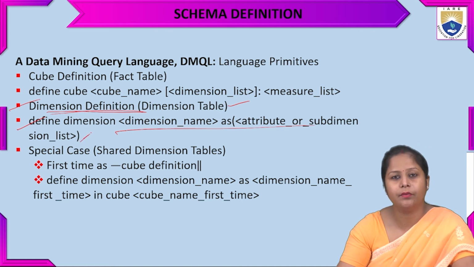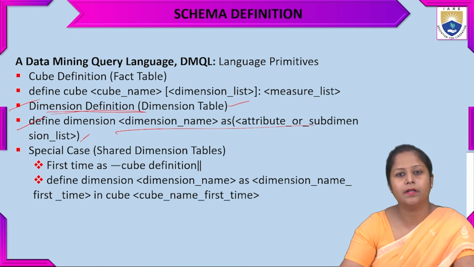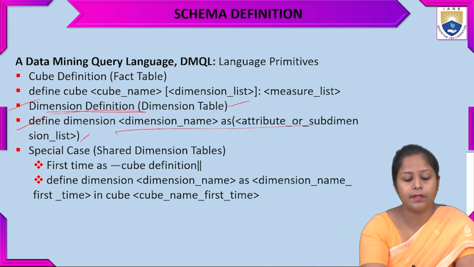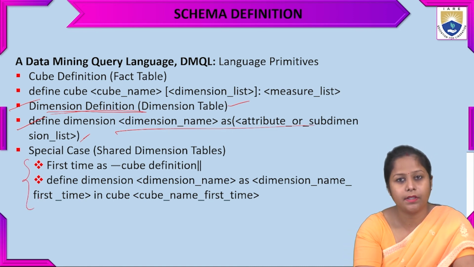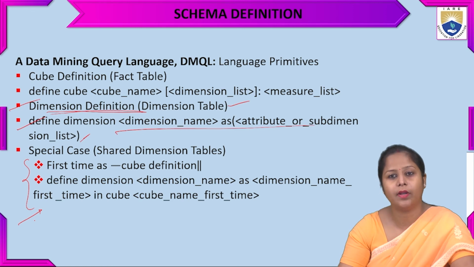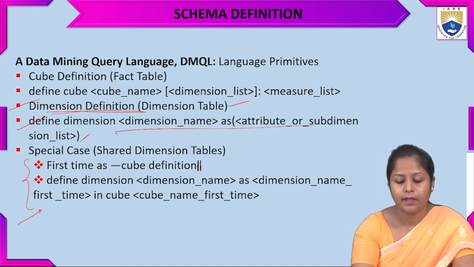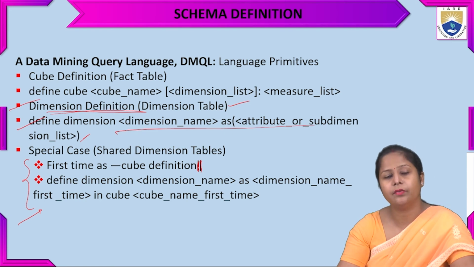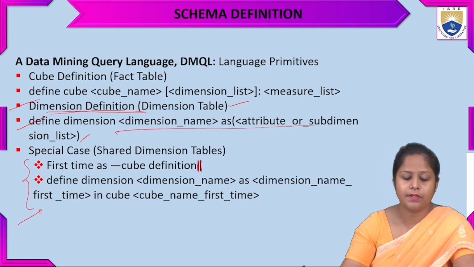And for example, if we have shared dimension tables, as we have seen in the fact constellation data model, in that case we will use the first-time cube definition, and this is the symbol we will use if we have more than one dimension table.